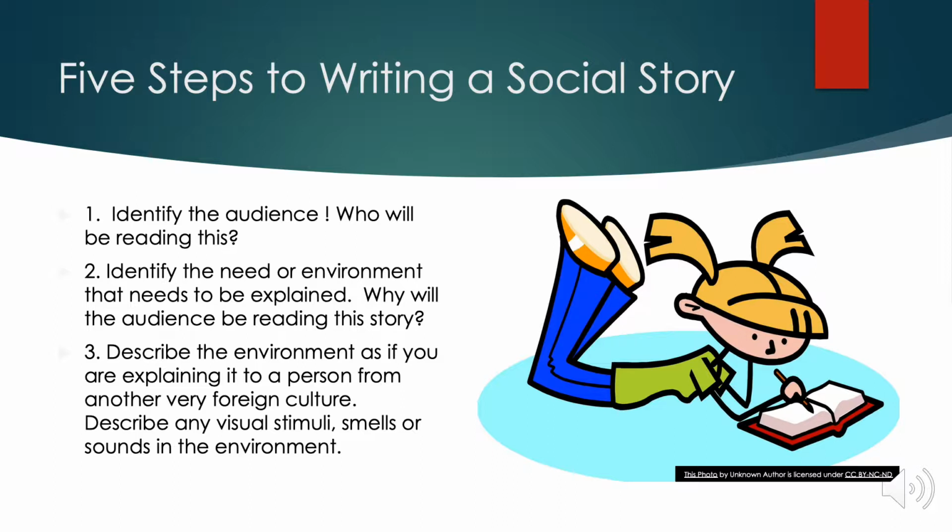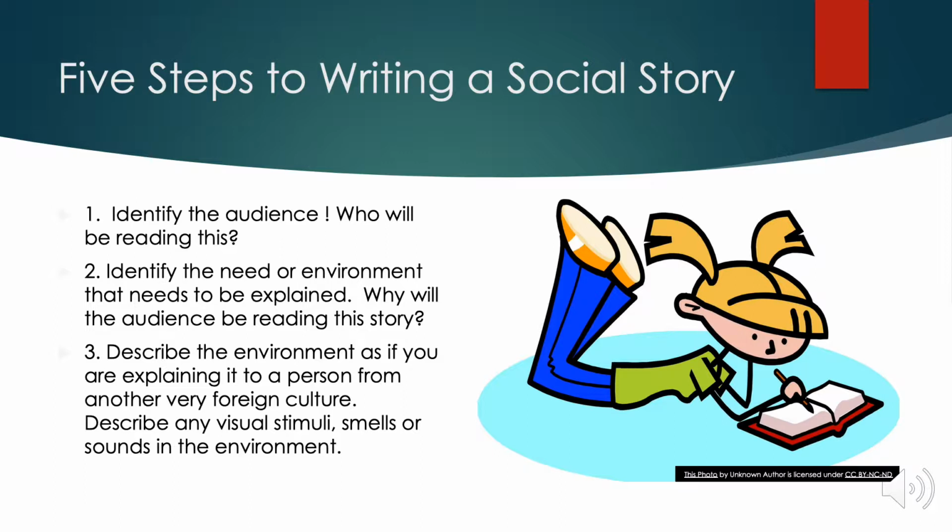There are 5 steps to writing a social story. Step 1. Identify the audience. Who will be reading this? Step 2. Identify the need or environment that needs to be explained. Why will the audience be reading this story? Step 3.